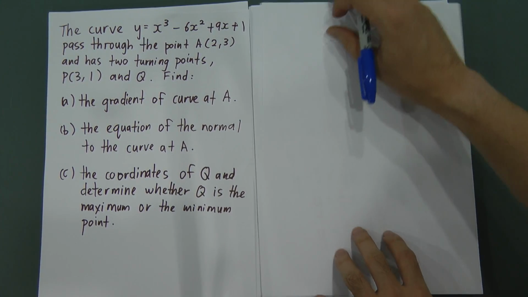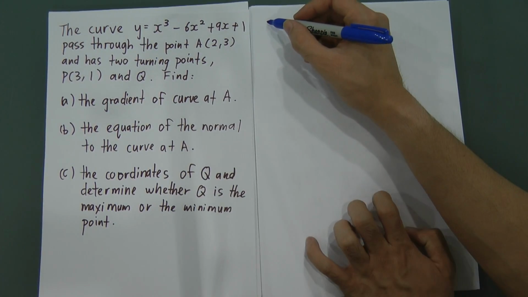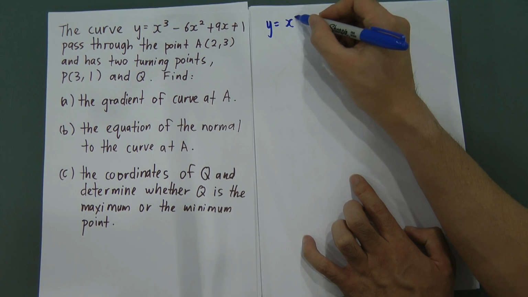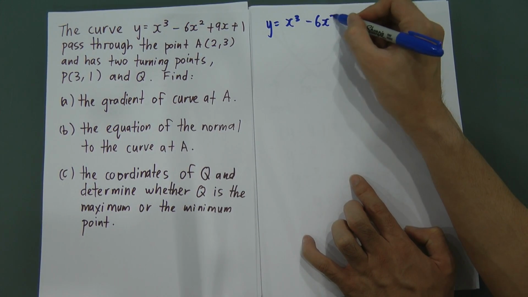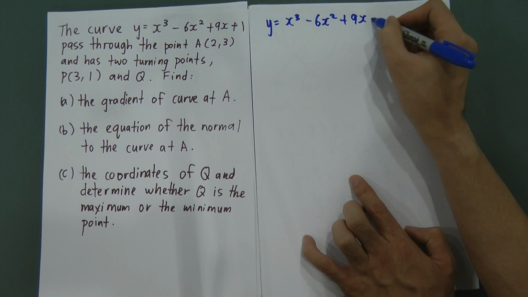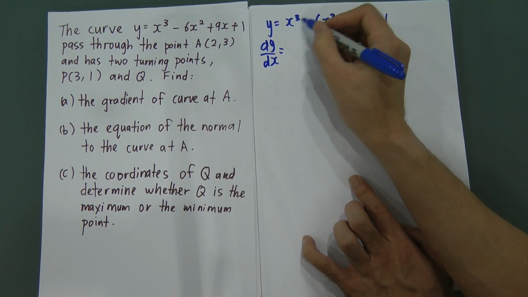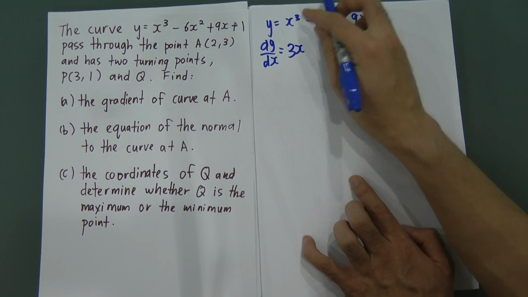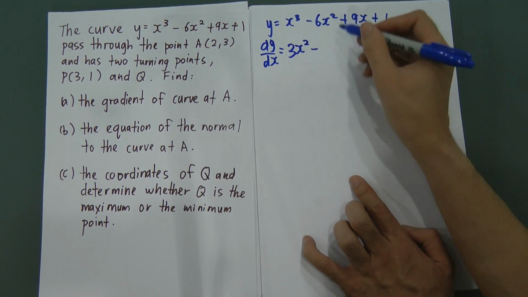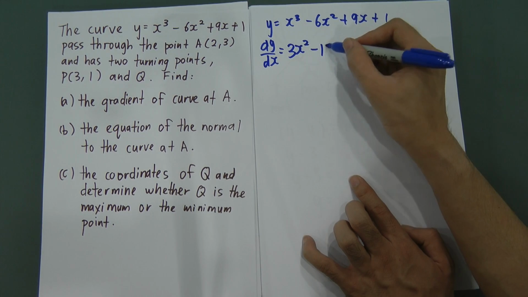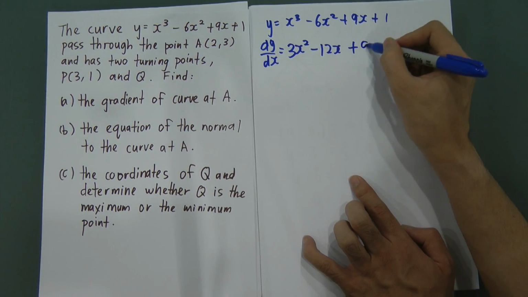So I just practice and differentiate one more time. y equals x cubed minus 6x squared plus 9x plus 1. When you do dy/dx, very simple. Move the 3 in front, you get 3x squared minus, move the 2 in front, 12x plus 9.